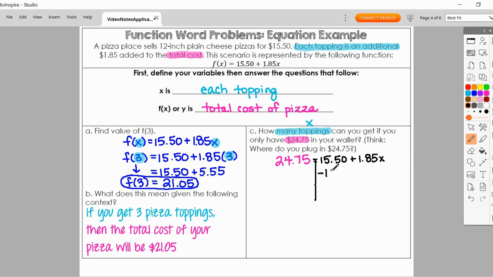First step tells me to get x by itself by subtracting 15.50 on both sides of my problem. It cancels out on the right side, leaving just 1.85x. And on the left side, when I do the subtraction, I get 9.25.